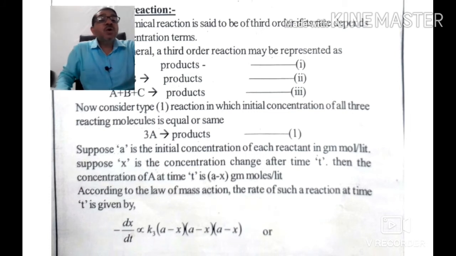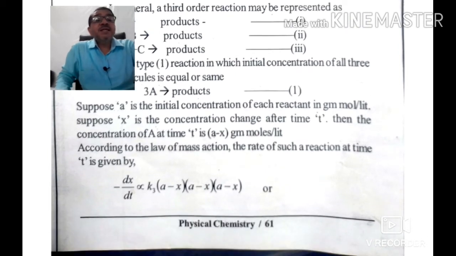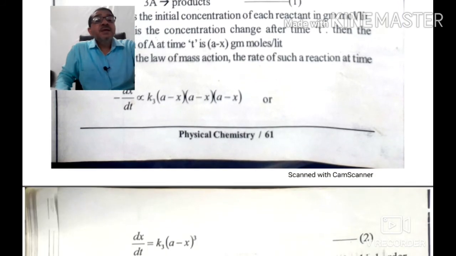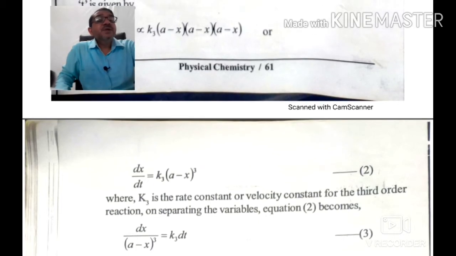According to the law of mass action, the rate of such a reaction at time t is given by dx by dt is directly proportional to k3 into (a minus x) into (a minus x) into (a minus x), or dx by dt is equal to k3 into (a minus x) to the power 3.